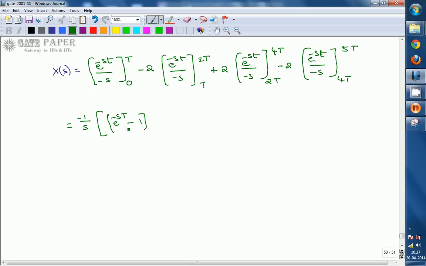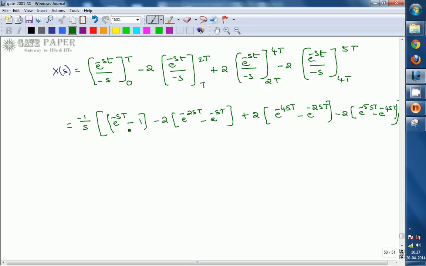So this is one expression, minus 2 of e power minus 2sT minus e power minus sT, plus 2 into e power minus 4sT minus e power minus 2sT, minus 2 of e power minus 5sT minus e power minus 4sT. So this is the expression.